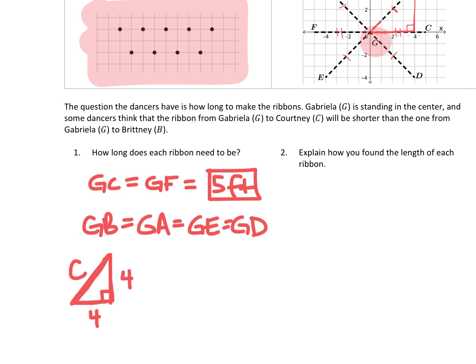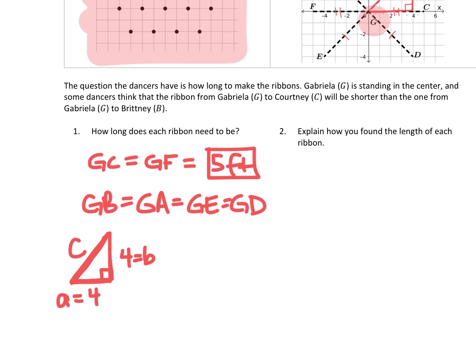Now for our Pythagorean theorem, the legs, which are the sides next to the 90-degree angle, are called A and B. So I'm going to name this one A, and this one B. And then that helps us know what to plug into the Pythagorean theorem.